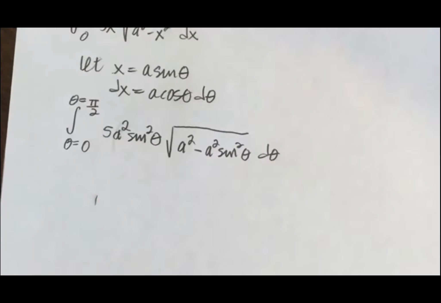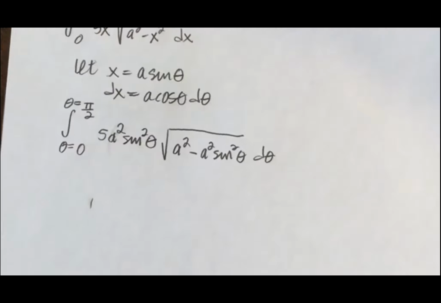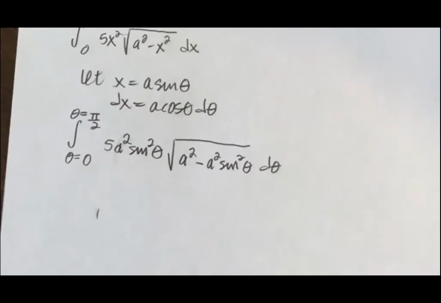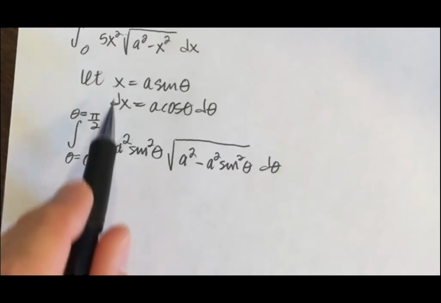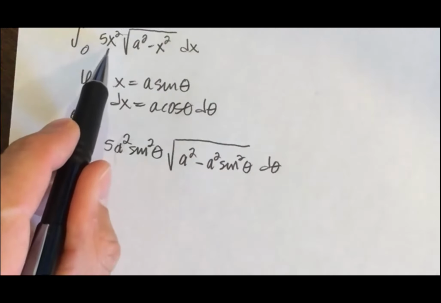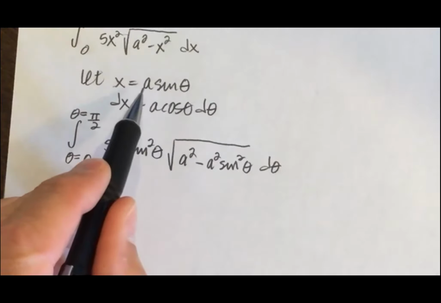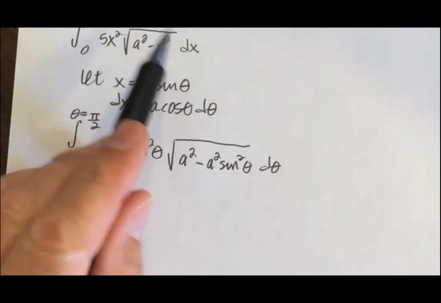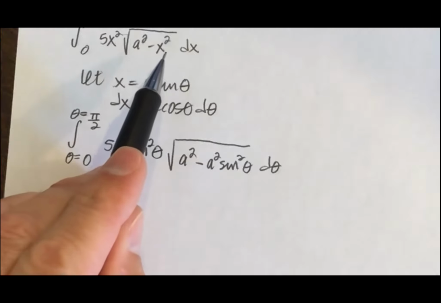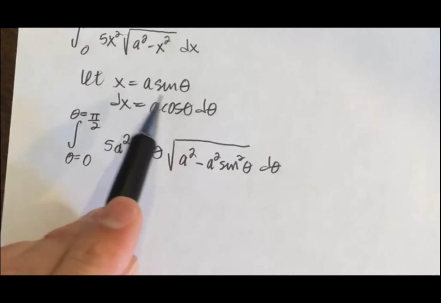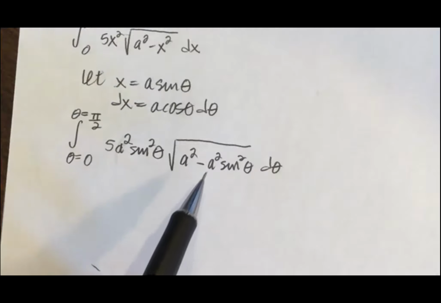Not d theta. Why not? Where'd you get the sine squared on the outside? Okay, in for the x right there. Oh yeah. Okay, never mind. So then in for the x right there, I put this again and got a squared sine squared inside right there.